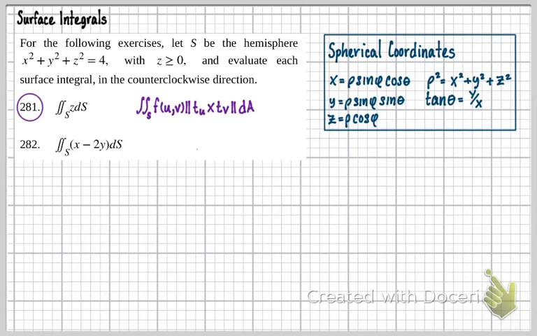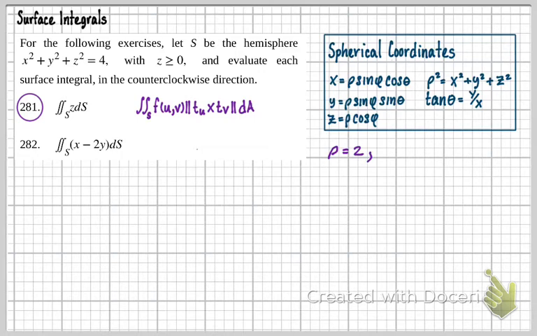I see this equation here, x squared plus y squared plus z squared equals 4, so that tells me right away that rho is going to be 2. So there's my first variable.